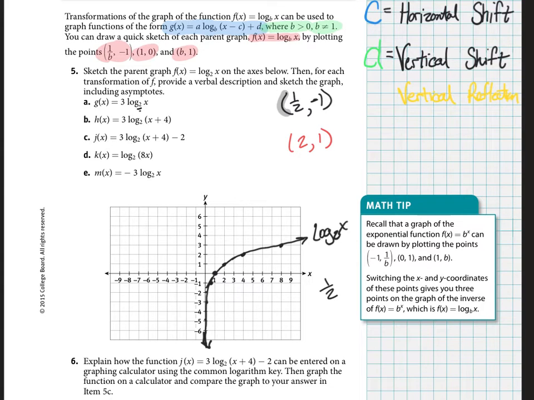Okay, so let's take a look at these things, and we'll try to sketch these. We'll try to do them in different colors as well. Let me get rid of these couple of things here. So there's our parent function. When we drop a 3 in front of a function like we have here, this is always going to be our vertical transformation, because it's outside of a parentheses, and in this case it is a vertical stretch, because all the y values are now going to be 3 times what they were.